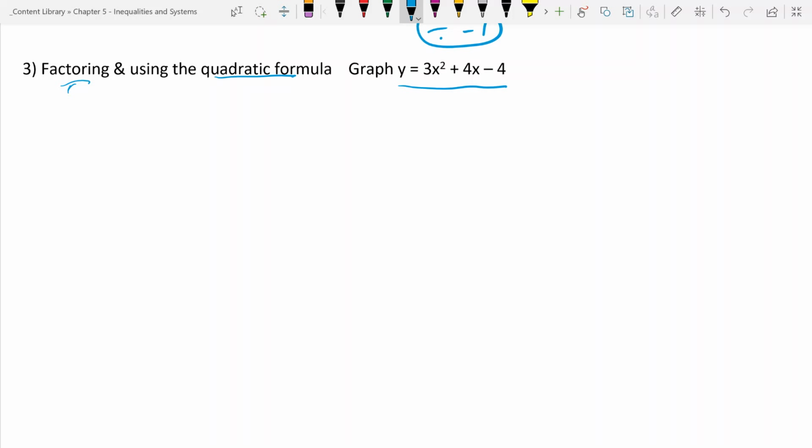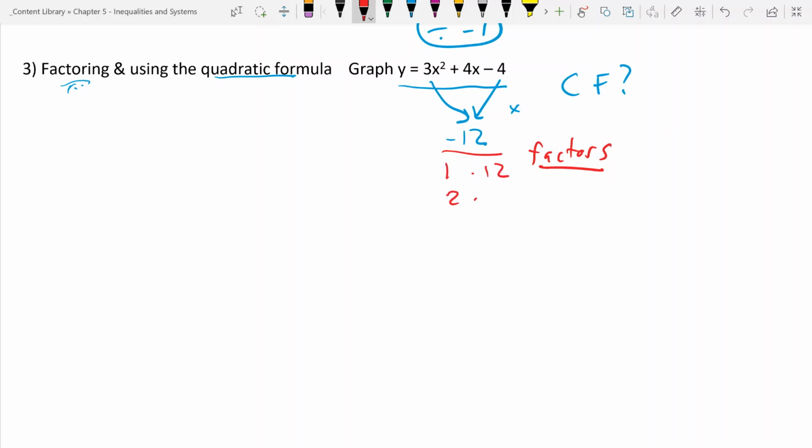We're going to take this equation and factor it, just normal factoring first. We look for common factors. In this case, there aren't any. So we take A and C and multiply them together. 3 times negative 4 gives me negative 12. Then I list out the factors of negative 12: 1 times 12, 2 times 6, 3 times 4.